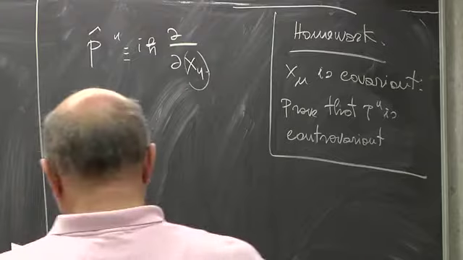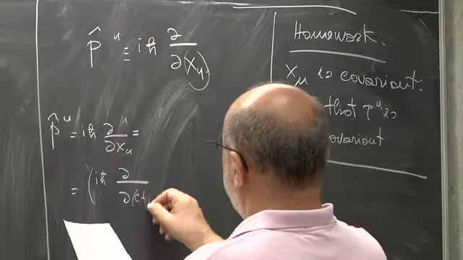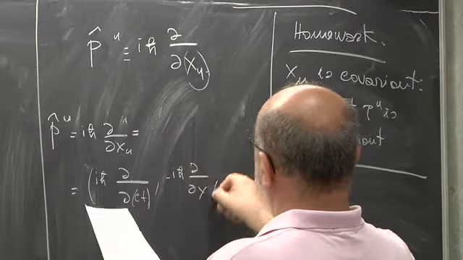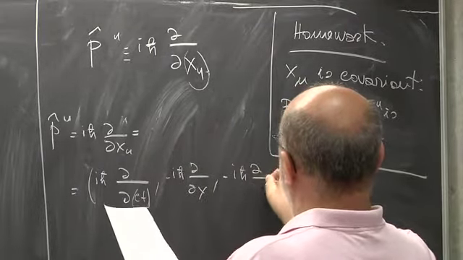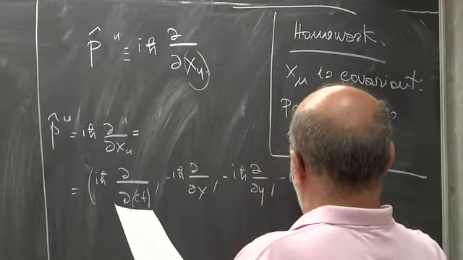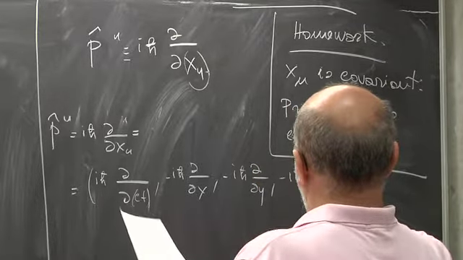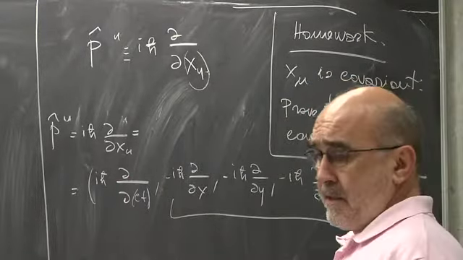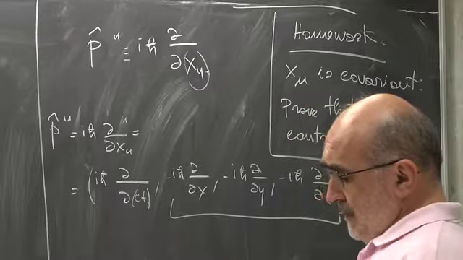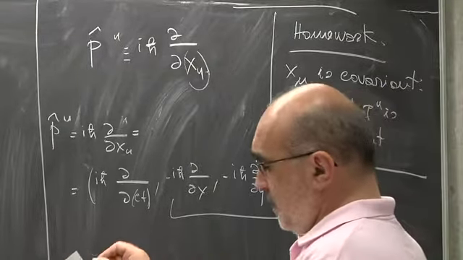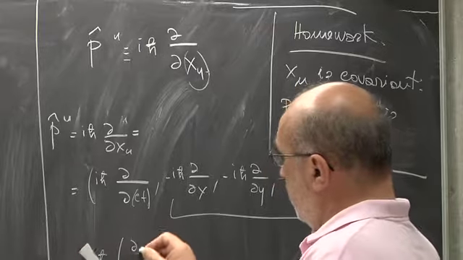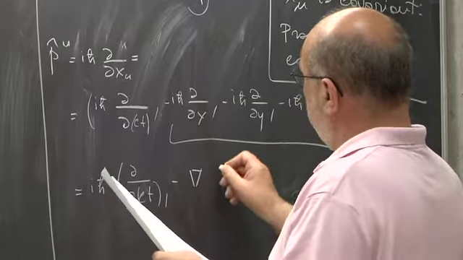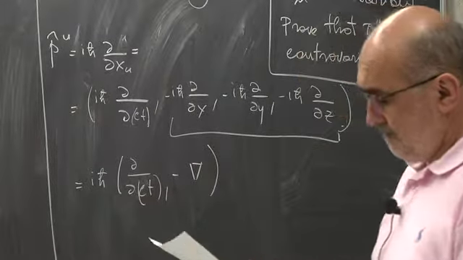So basically we get derivative with respect to ct, then we get minus i h derivative with respect to x, minus i h derivative with respect to y, minus i h derivative with respect to z. So you see that the covariant one has the space part as you knew. Okay, this is often written also i h derivative with respect to ct minus the gradient of this.